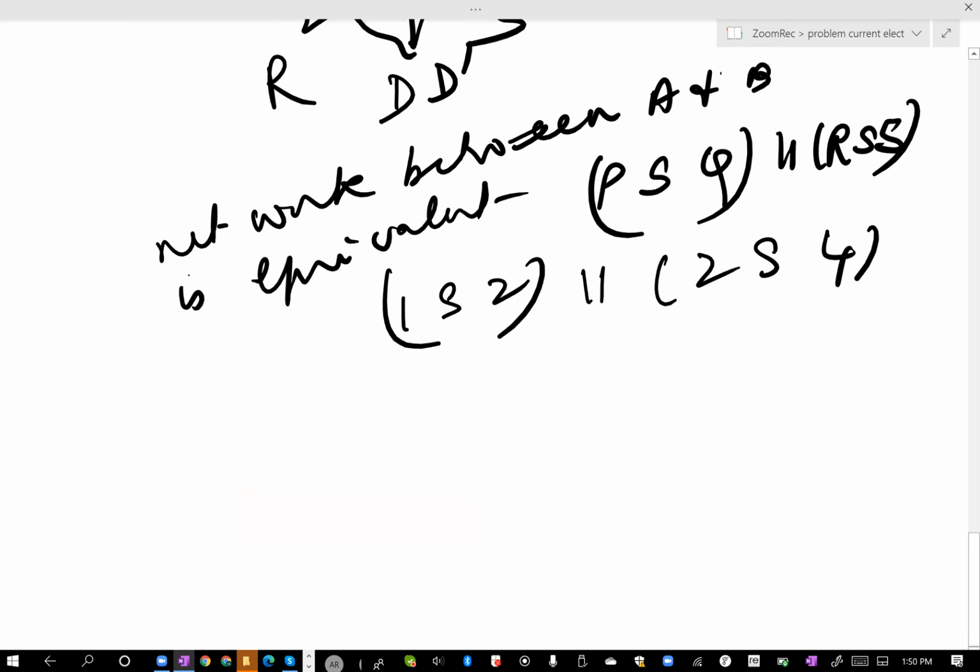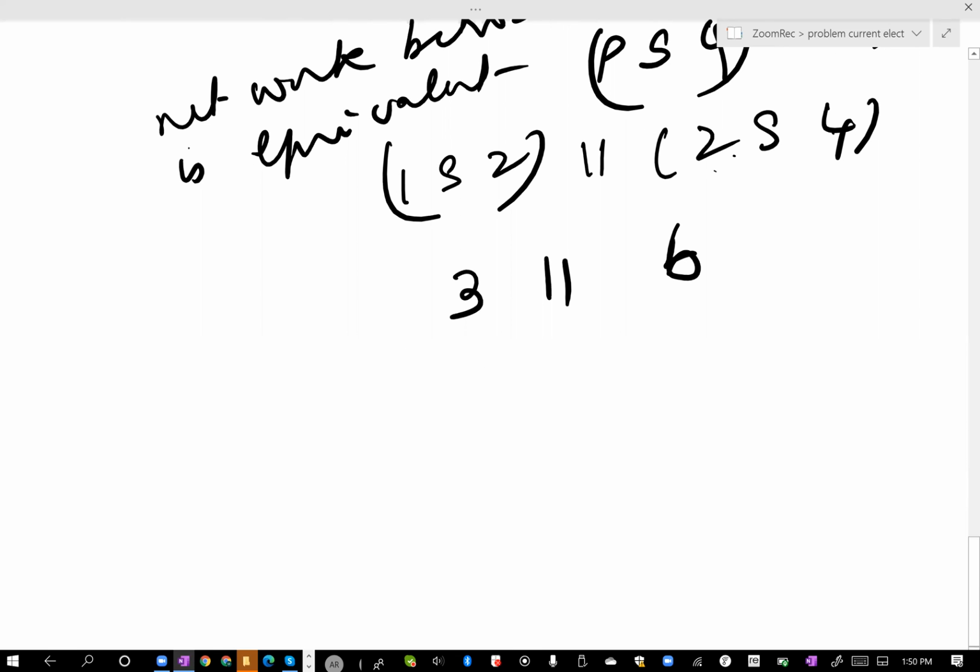That will be equal to 1 series 2 will be 3, parallel to 2 series 4 will be 6. Series means you have to add both, 2 plus 4. Series of 1 and 2 will be 1 plus 2, 3 parallel 6.